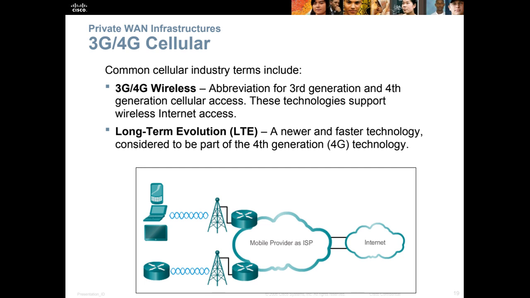It's an abbreviation for third generation and fourth generation. Of course, nowadays we have fifth generation. Okay. These technologies support wireless internet access. And we have LTE, long-term evolution, a newer and faster technology considered to be part of the fourth generation.